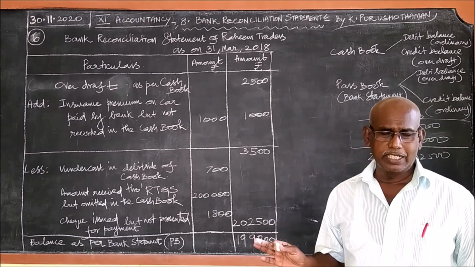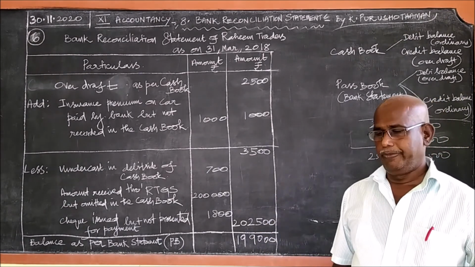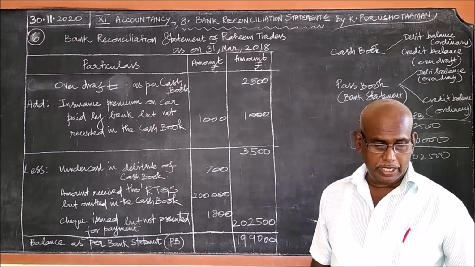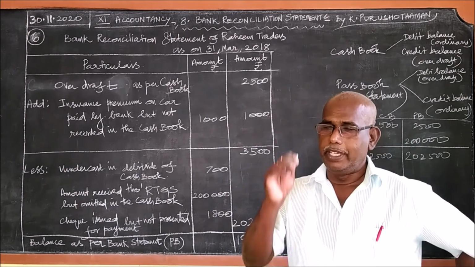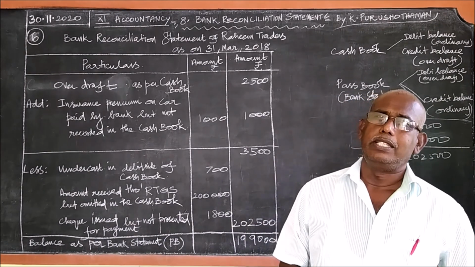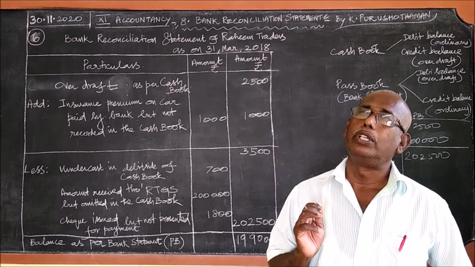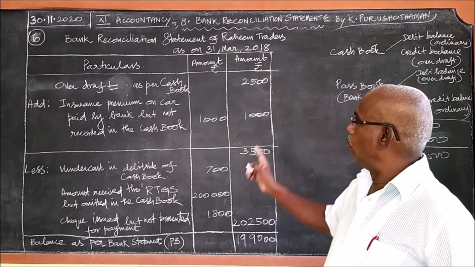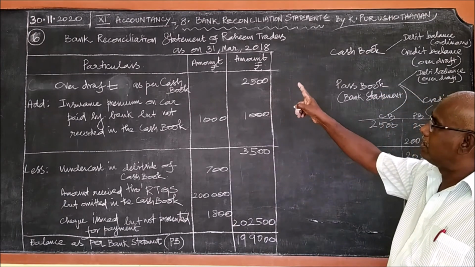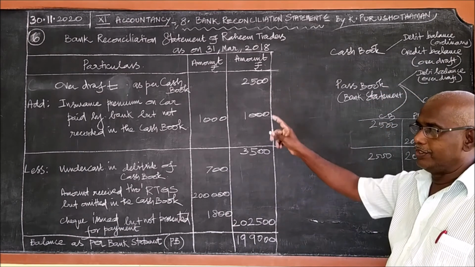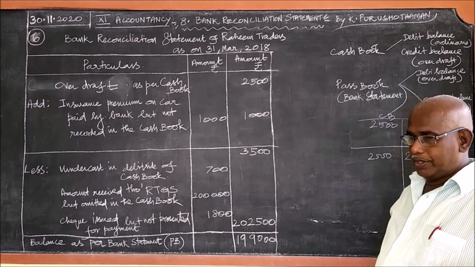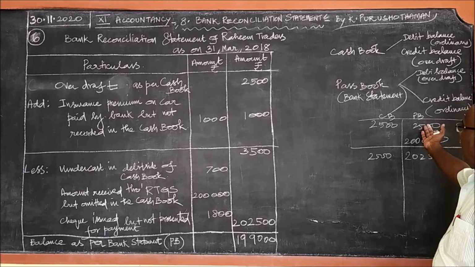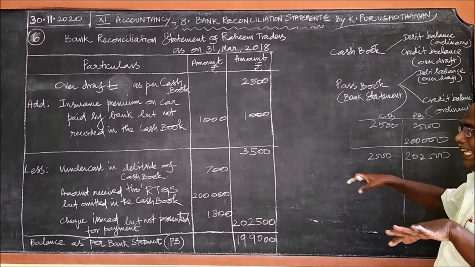Then the next one. 2 checks were issued by the business. Before explaining this point, this is a chapter which you should listen very closely. Why is this statement prepared, the Bank Reconciliation Statement? Because of some reasons, the total in the passbook and the cash book may not tally.